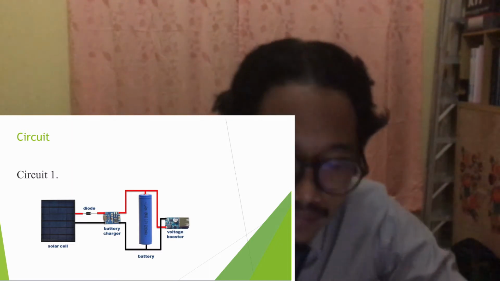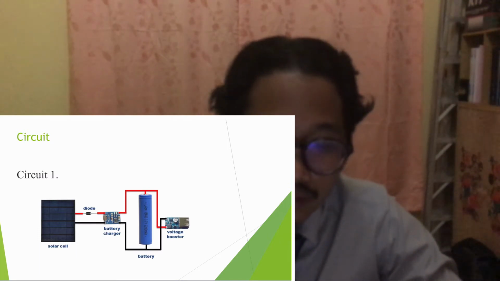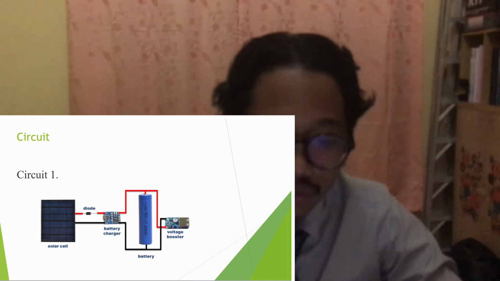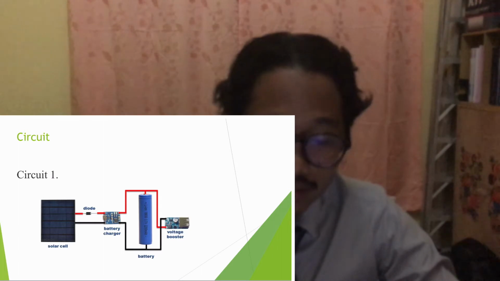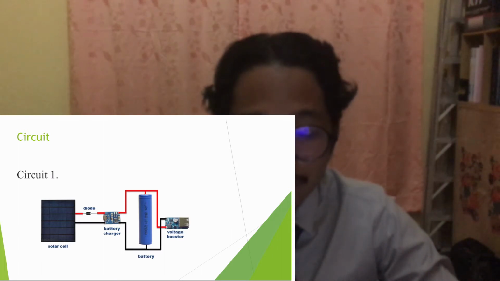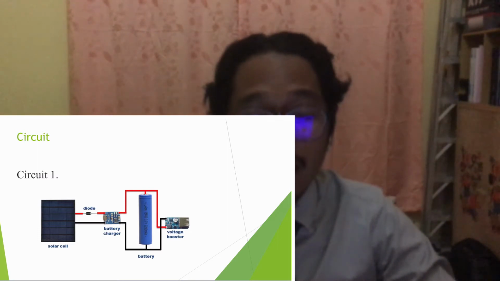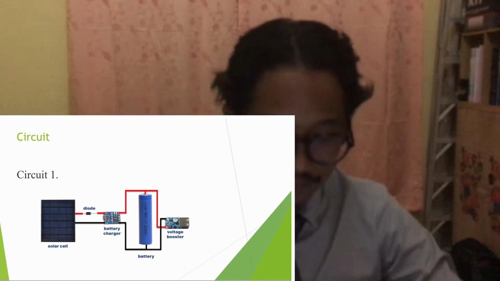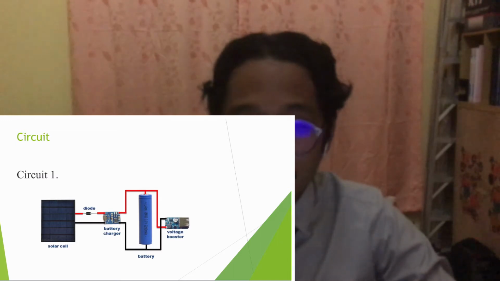At the battery charger we have two LEDs, red and green. While charging, the red LED will be on. When fully charged, the LED will turn green, which means the green LED will be on.